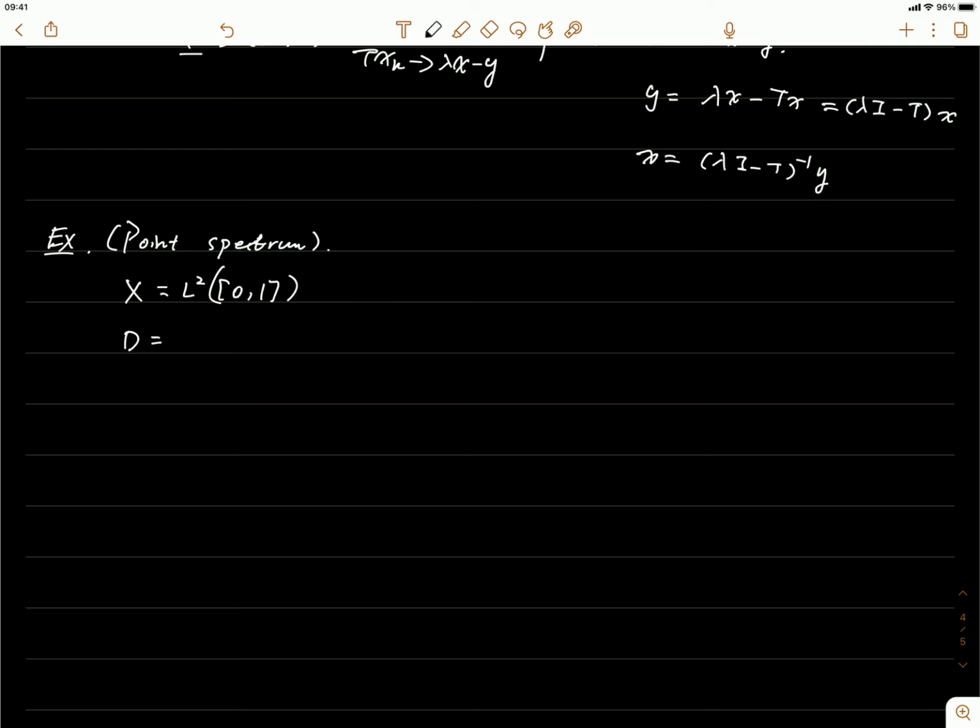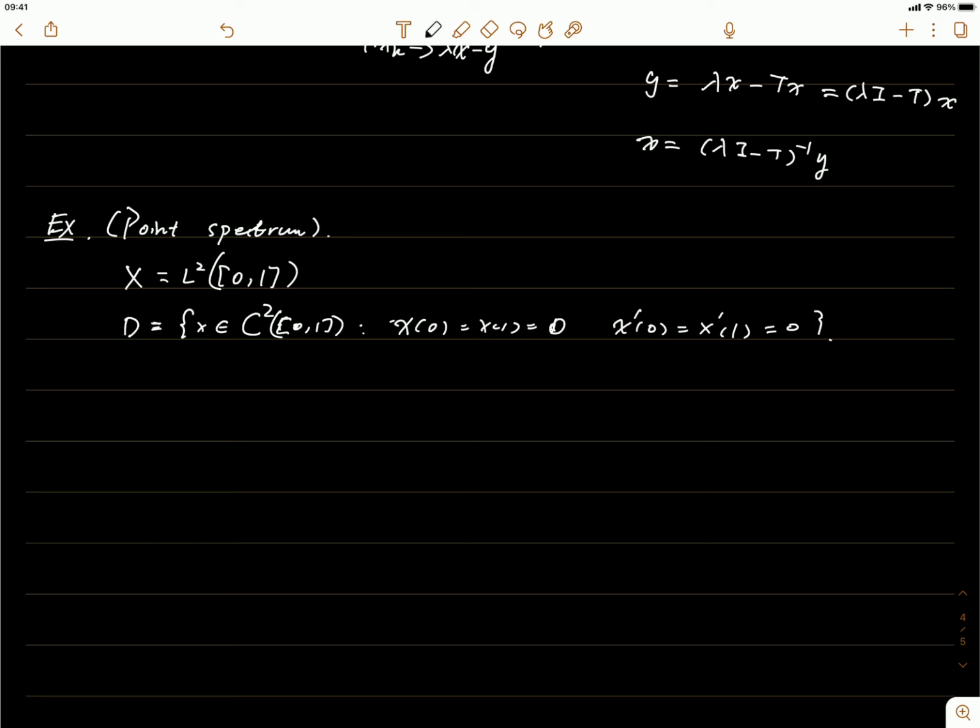And we call D a linear subspace of X, consisting of all the elements that are twice continuously differentiable over the interval 0, 1. They also require x(0) to be 1 and x(1) to be 0, and x prime of 0 and x prime of 1 are also equal to 0. So this is my D.